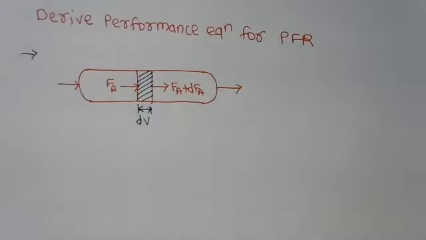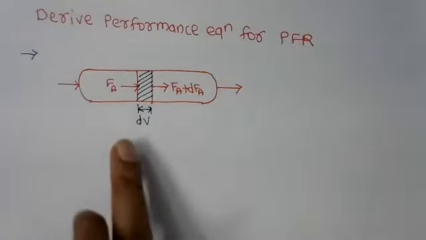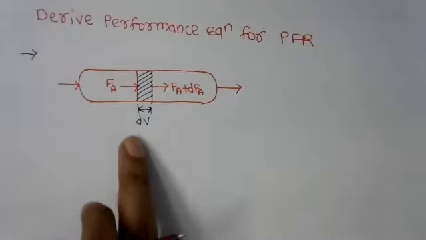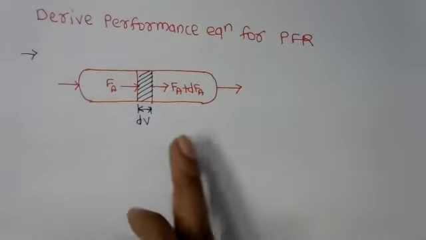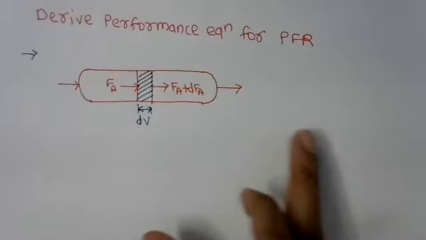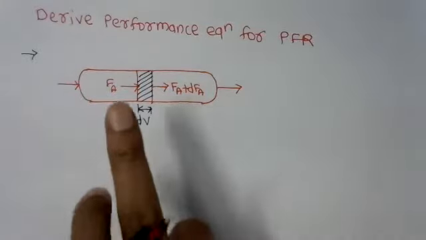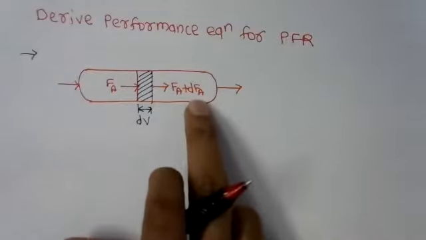Now, if you consider a synthesis reaction, where the volume of the product mixture is less than the volume of the feed, say A plus B gives P, or N2 plus 3H2 gives 2NH3, the number of moles will decrease, therefore dFA will be negative.